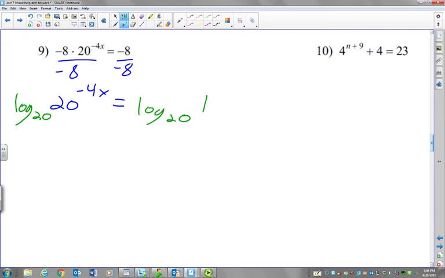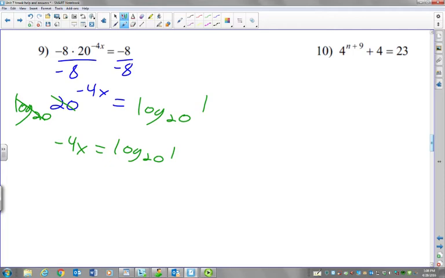Cool. So that gets rid of the base 20, so we're left with negative 4x is equal to log base 20 of 1. What that means is a logarithm of base 20 with the solution being 1, and that is the exponent.